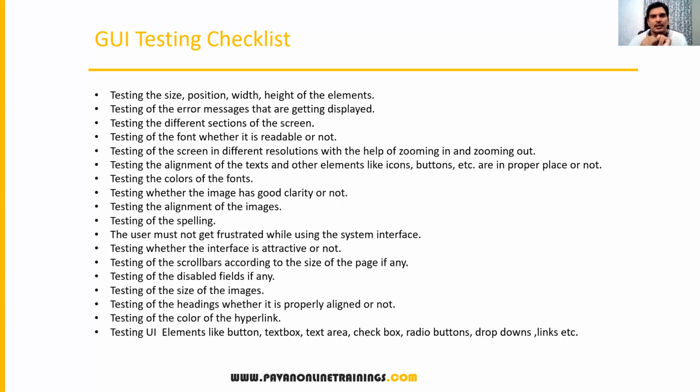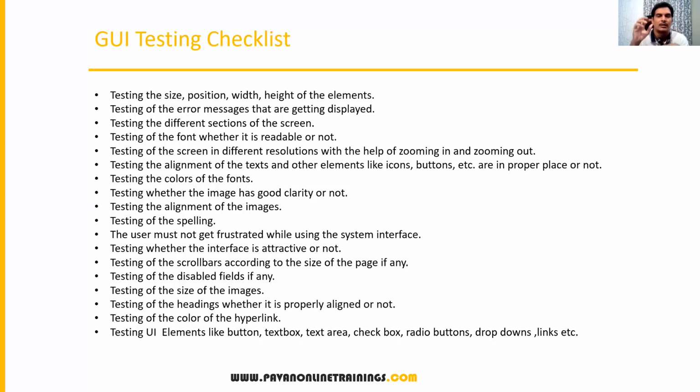So these are all the GUI testing checklist. So let us see what exactly is there in the checklist, what we have to cover as part of the GUI testing of the application. So here our main focus is on the look and feel of the application, how the application looks, how attractive it is.